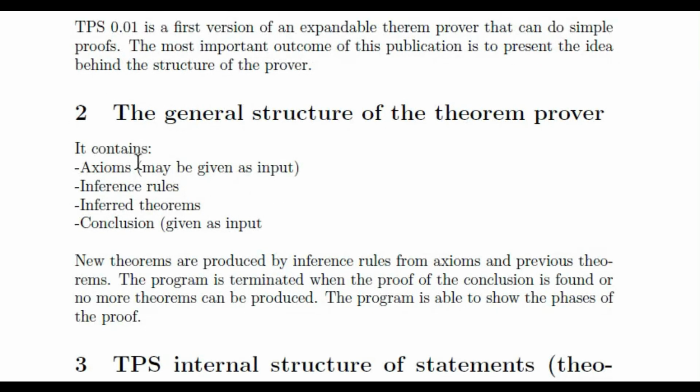Axioms may be given as input. The theorem prover has inference rules now. It has only one inference rule, and then it produces inferred theorems and adds those to the list of theorems.